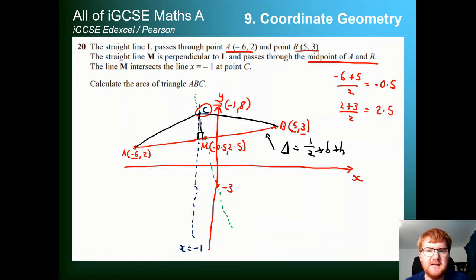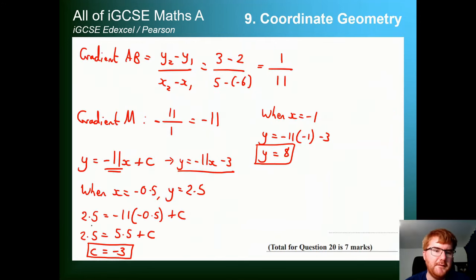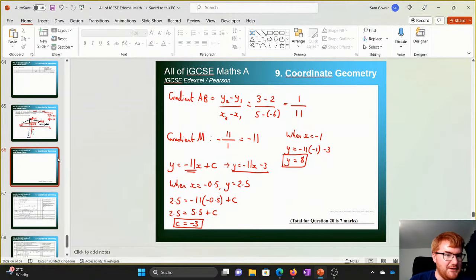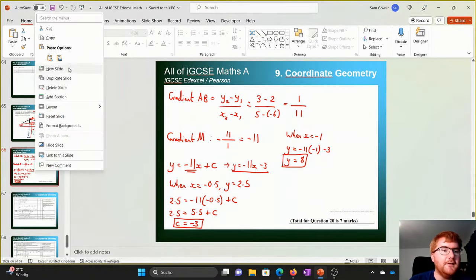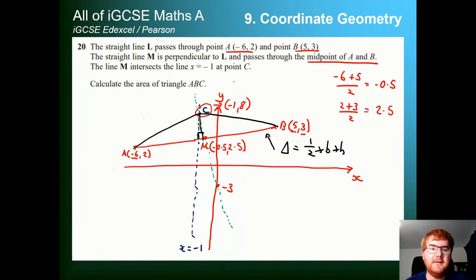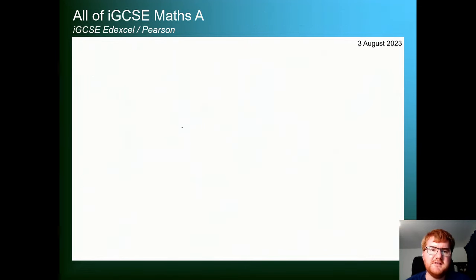So before we do anything here, we actually need to work out these lengths. I'm going to need another slide to do this. It's a big question, 7 marker. You can see why. So in order to work out the length AB, we're just going to use Pythagoras essentially. So to work out the length of AB, imagine, I'll draw out a sketch again.